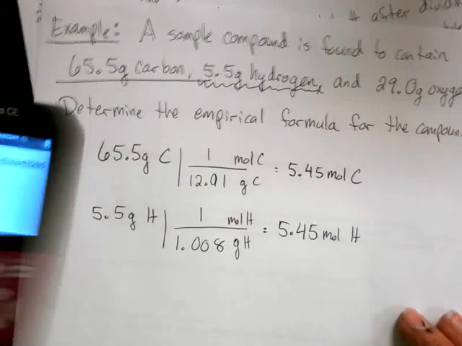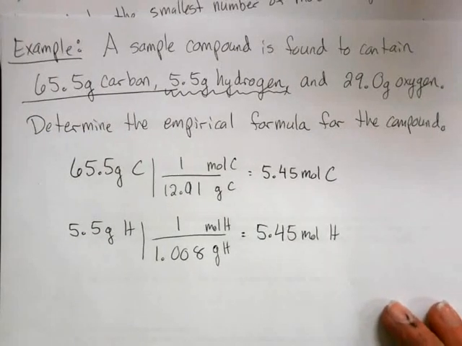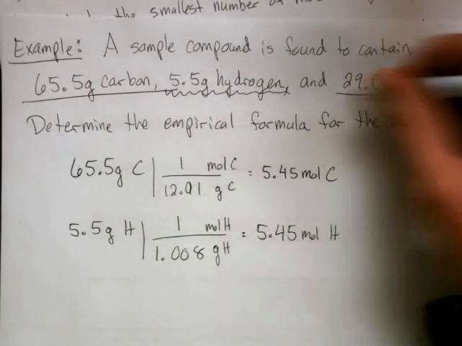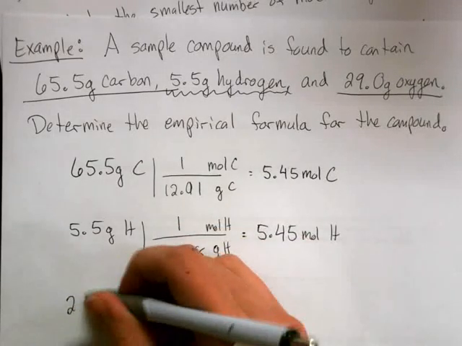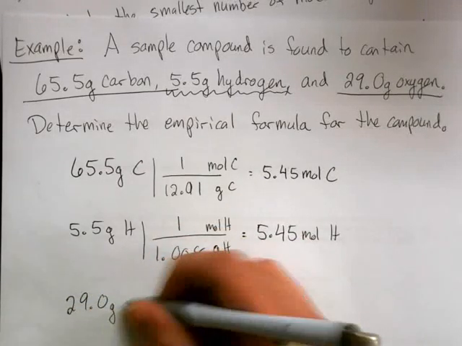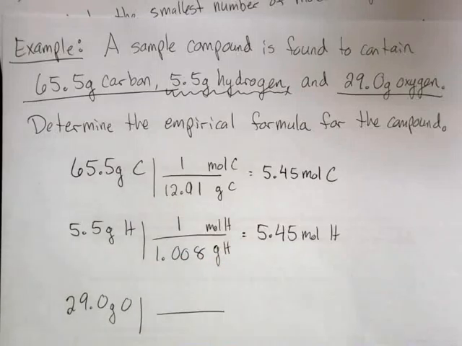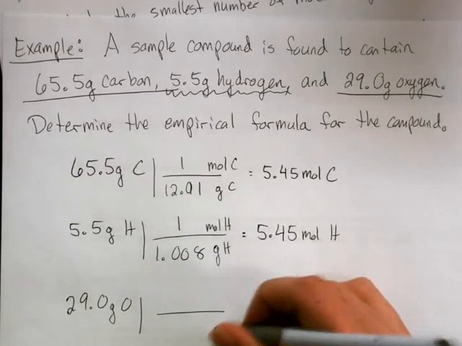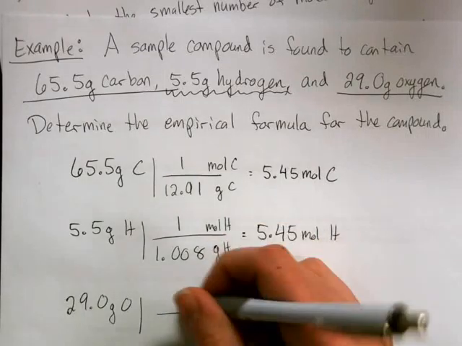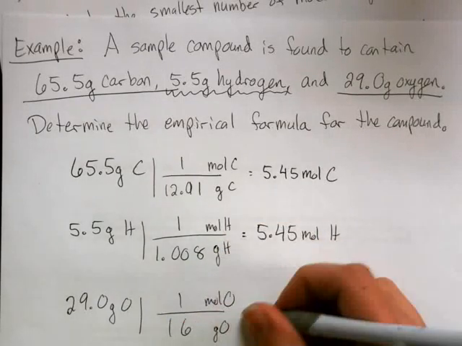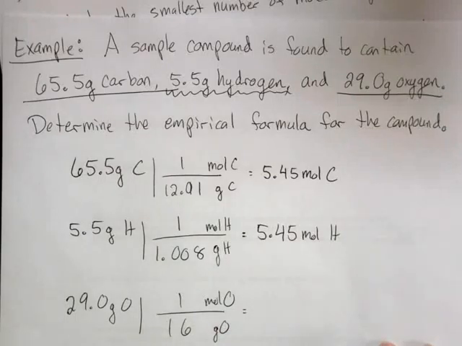Then I have this 29.0 grams of oxygen. Sorry, I keep moving my paper around, which is probably making you seasick. I need to convert that into moles. Grams of oxygen on the bottom, moles of oxygen on the top. 1 oxygen's about 16.